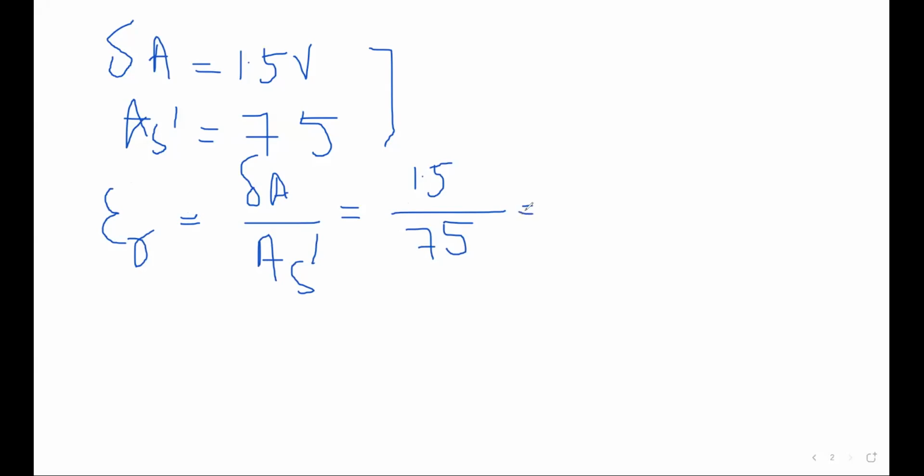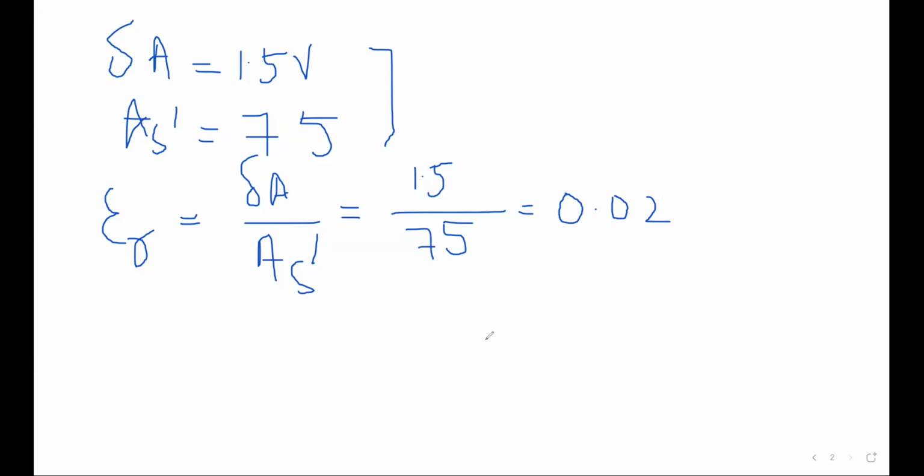So tell me the answer of epsilon r, the relative error. Error doesn't have any particular unit. Tell me the value. 0.02. Okay, so 0.02 is the relative error at this voltage.